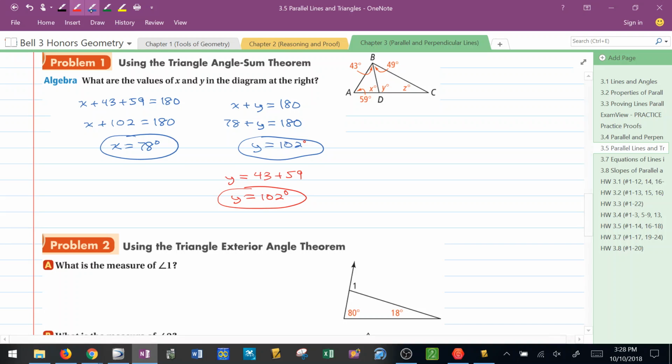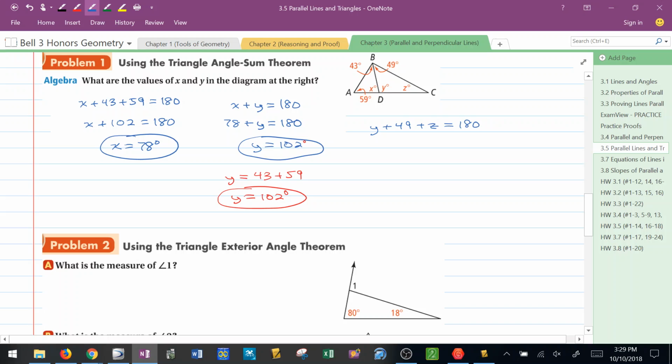Okay? All right, so how about finding z here? Well, in order to find z, I have to know y. Z is not an exterior angle of a triangle. So in order to find z, I'm going to have to rely on the 3 angles of a triangle: y plus 49 plus z have to add up to 180.